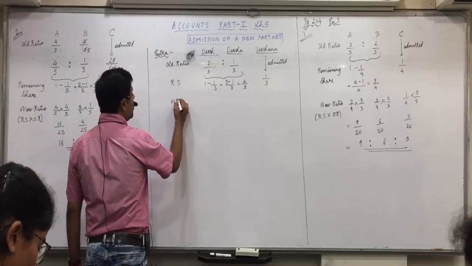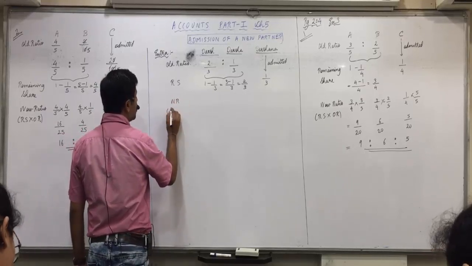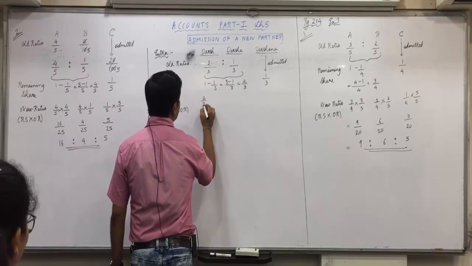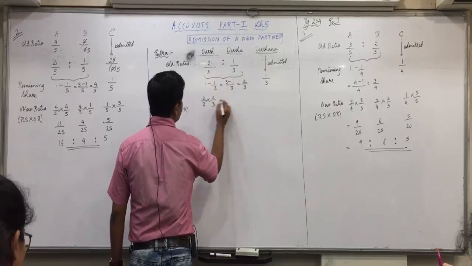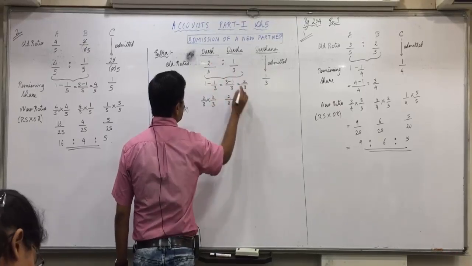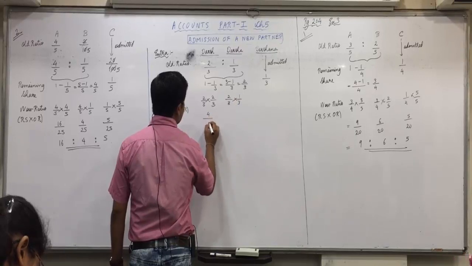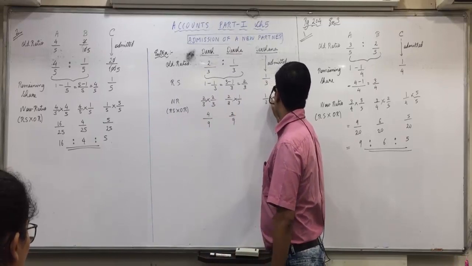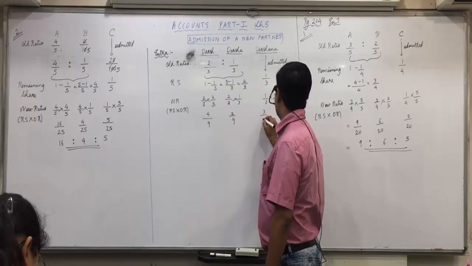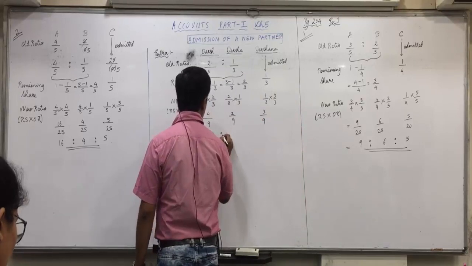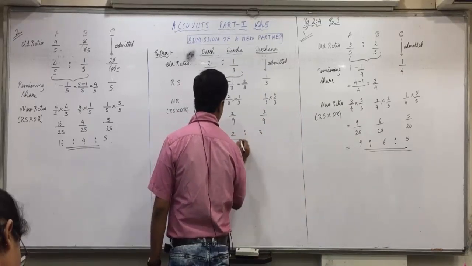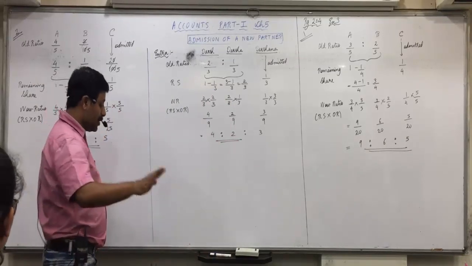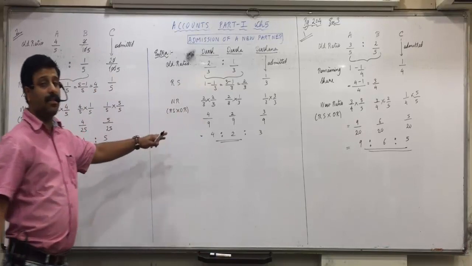Now new ratio is remaining share into old ratio. Darsh will get 2/3 of 2/3, and Darsha will get 2/3 of 1/3. That is 4/9, 2/9. To make this 3 as 9, we'll multiply it with 3/3, so 3/9. The ratio is 4:2:3. Any confusion in this? All clear here? Now put your pencil down. I'm erasing this.